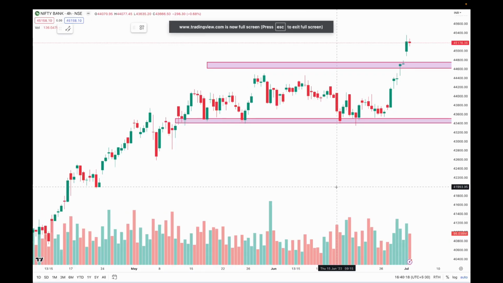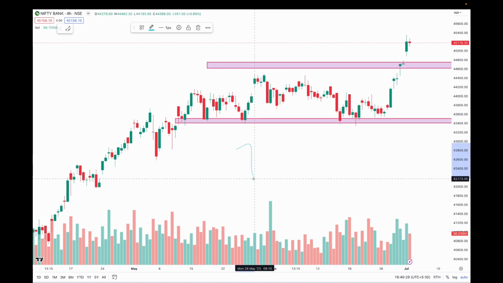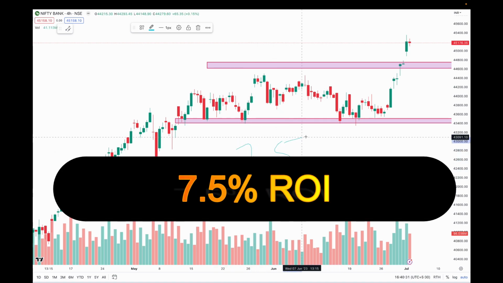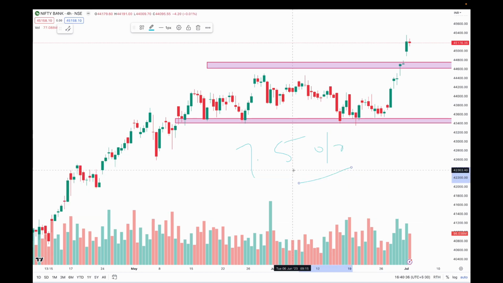I will tell you the logic I followed in the month of June, where I was able to generate around 7.5% ROI. After that, I will show the live PNL of my broker account as well, where I trade. Mostly I trade in Bank Nifty options.